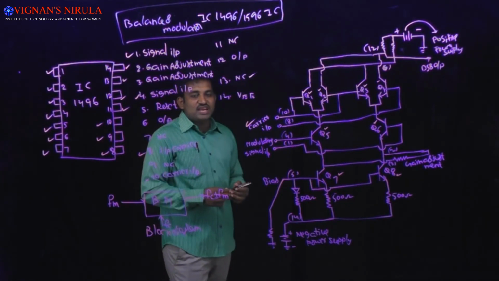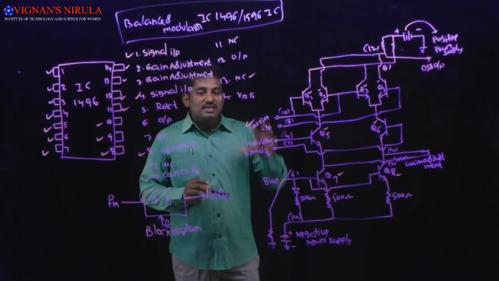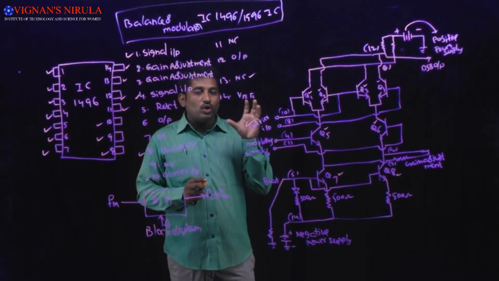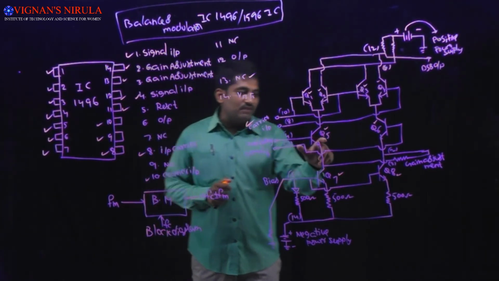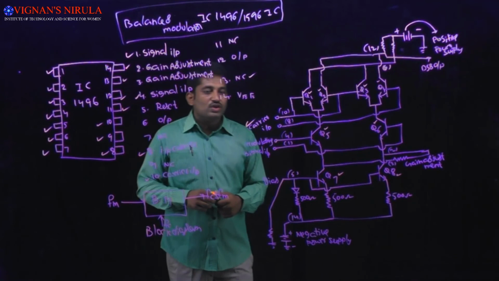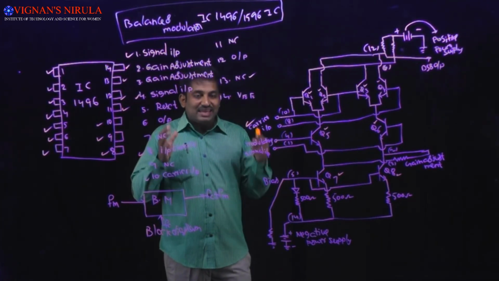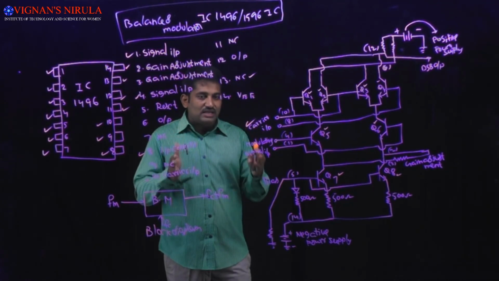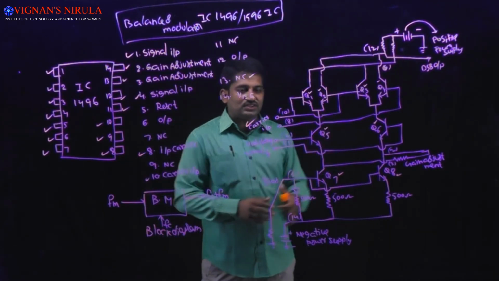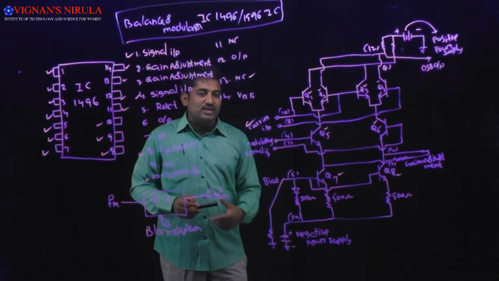So the variation of the current depends upon the modulating signal which we apply at the base terminals of the transistors Q5 and Q6. Generally, equal current will be applied to both the transistors because of the constant current source.